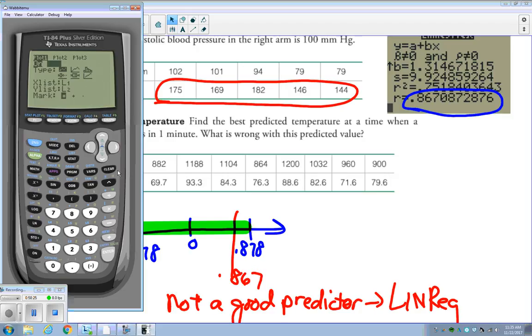I'm going to cursor over and turn off plot 1 because I don't want to see the scatter plot. Instead, I want to see the residual plot. So then I'm going to cursor up and over to plot 2 and hit enter. Plot 2 is currently off. I'm going to press enter on, so I've turned plot 2 on.